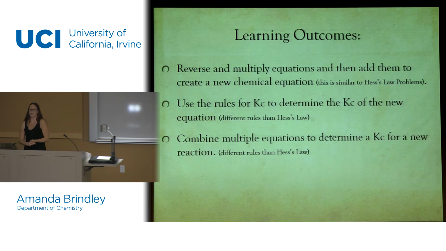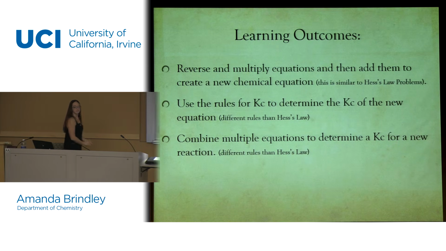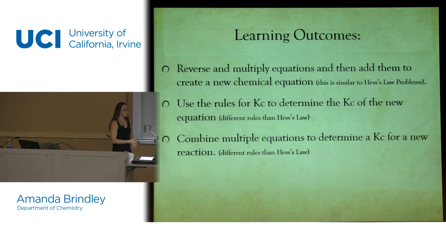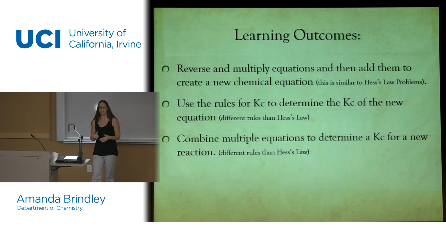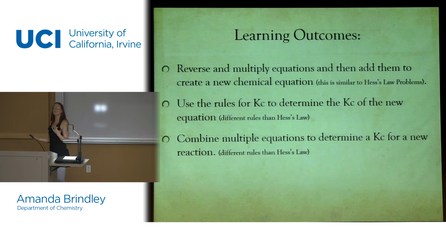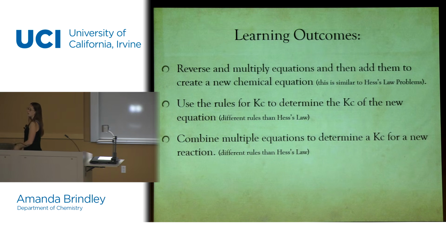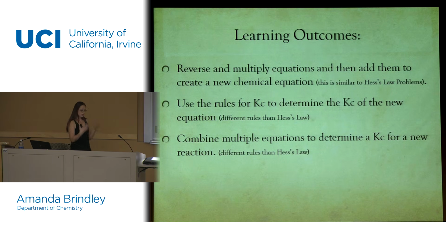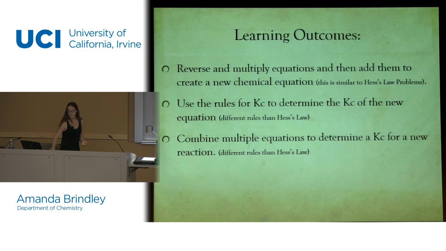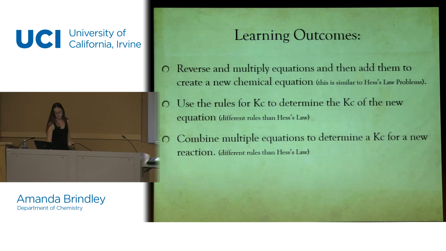In real life, you would just care. Here, I need to tell you why. We're going to use all the rules that we just did. If we flip this equation, we invert the Kc, because I'll give you the Kcs. Or if I need to multiply through by a number to make something cancel, you raise the Kc to the exponent. Then you'll combine them together.